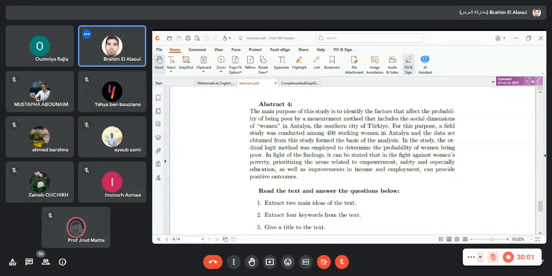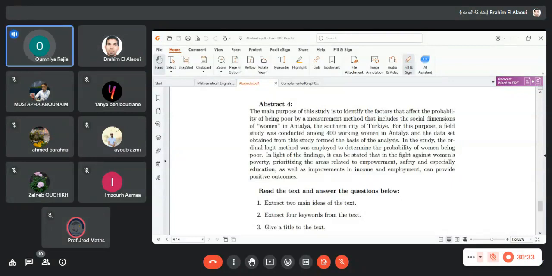For the keywords: woman being poor, social dimension of women.